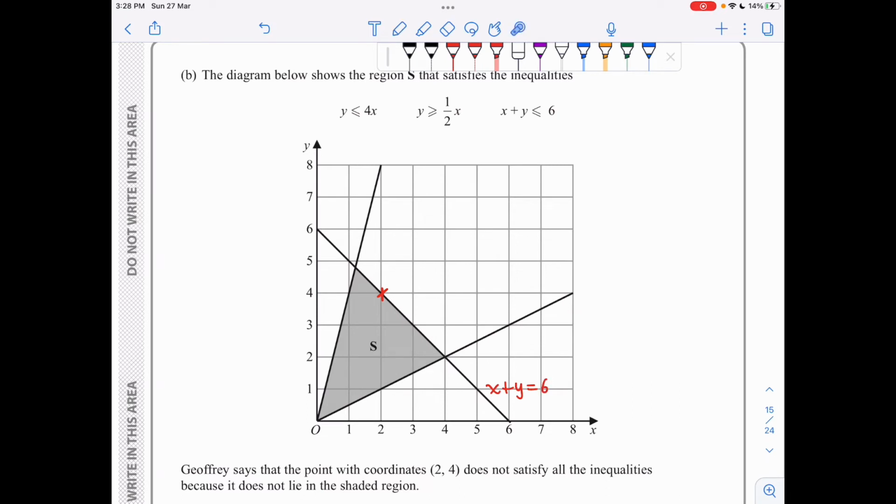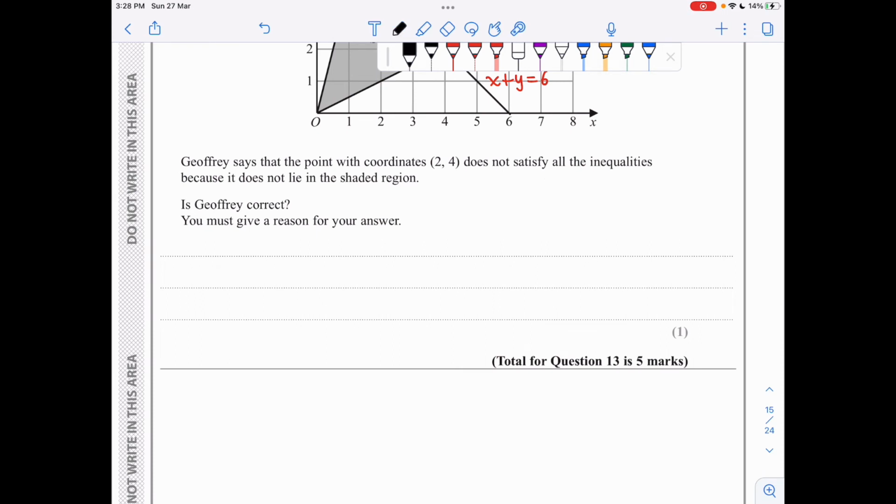And because the inequality here is inclusive, it's less than or equal to 6, it means that the boundary forms part of the region S. So actually 2, 4 is indeed within the region, so Geoffrey is not correct. So is Geoffrey correct?